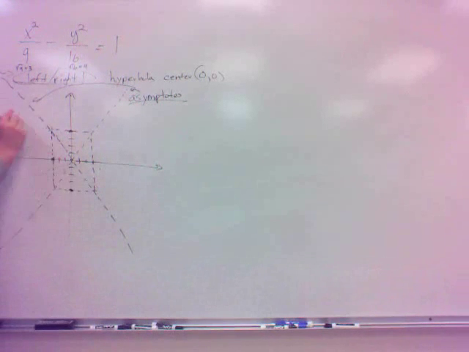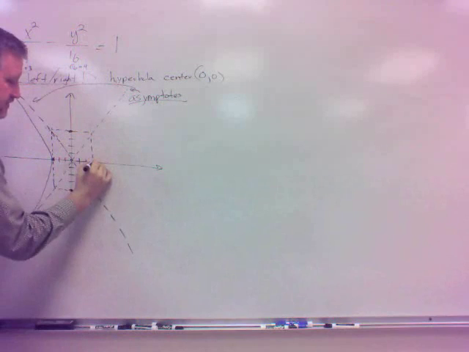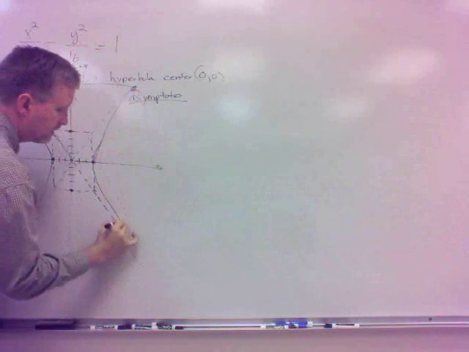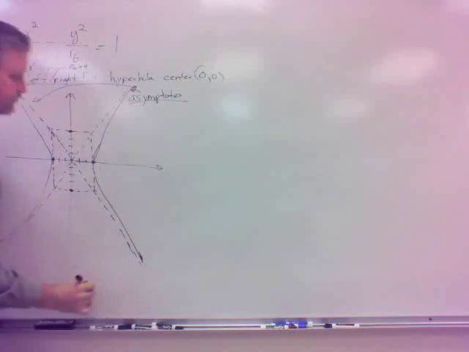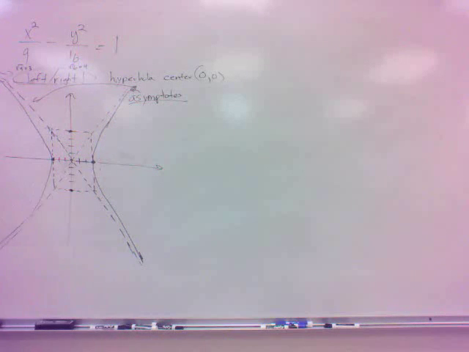If it's got right and left branches, then I've got a branch over here, a branch over here, asymptotes there. This is a vertex over here, so a branch here, and a branch over here. That should be more curved. That's how you draw hyperbolas. That's the way it works. Right and left branch.